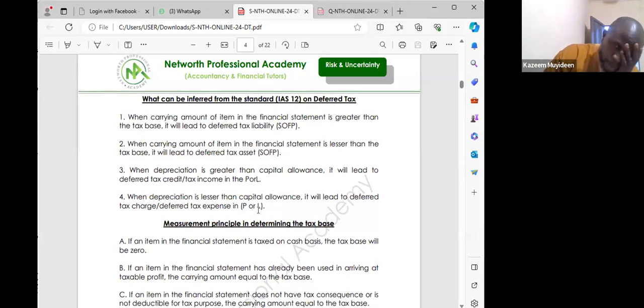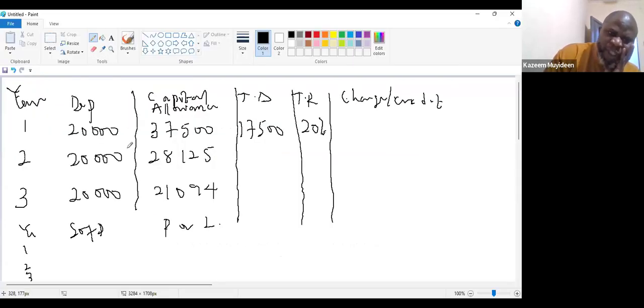Now, I will go and interpret it. Depreciation is not lesser than the capital allowance. This is a charge, not credit. 20% and 17,500. Where is he going to give us it?